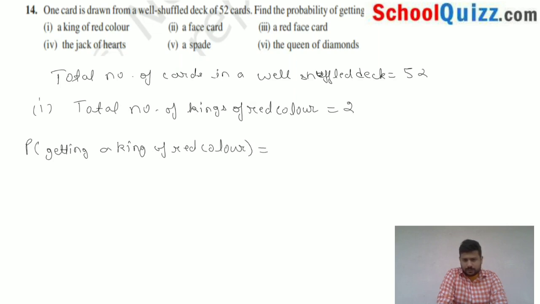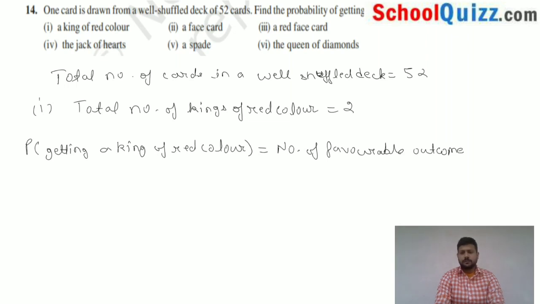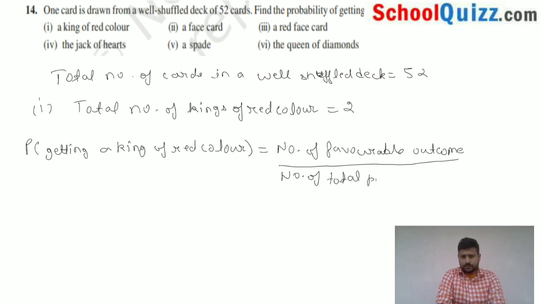is equal to number of favorable outcomes upon number of total possible outcomes.